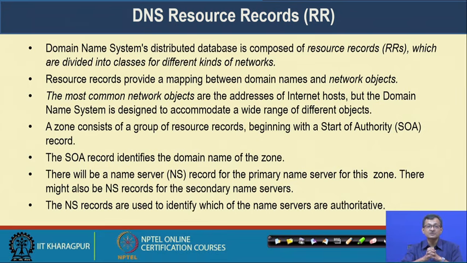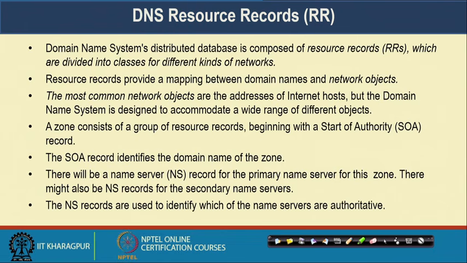A zone consists of a group of resource records beginning with a start of authority, SOA, record. There will be a name server NS record for the primary name server for this zone.